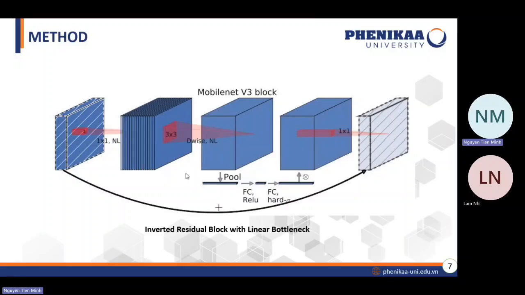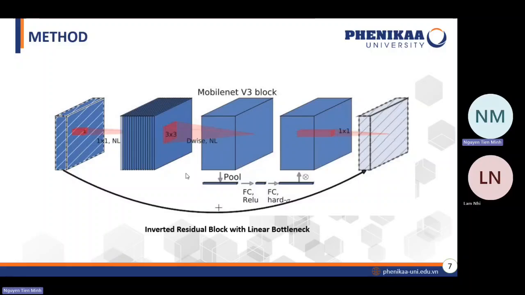It is followed by a depthwise 3x3 convolution applied independently to each channel, which captures spatial features while keeping the computational cost low. To further enhance the representational power, a squeeze and excitation (SE) module is integrated.